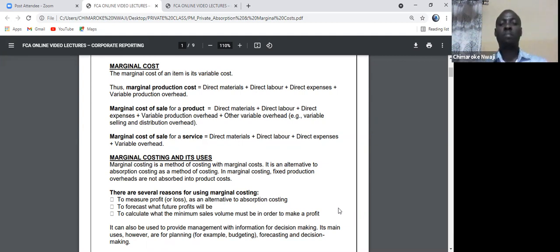What about marginal cost of sales? So you see, there's a difference between marginal production costs and marginal cost of sales. What is marginal cost of sales? Marginal cost of sales will be your marginal production cost plus other variable overheads, which are not production.